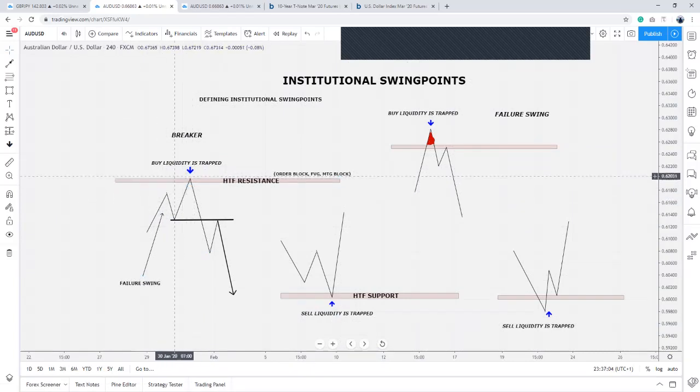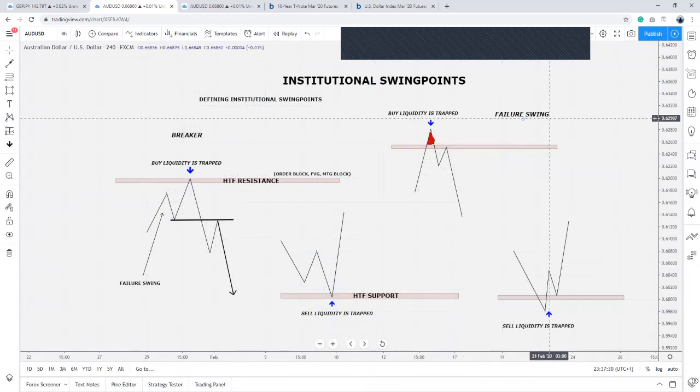Okay, so that means you're getting the market at the most premium price possible, at the most discounted price possible. That's where you're getting your trade. So the breaker offers the most premium price and the most discounted price because this is where the market makes its original turning point.